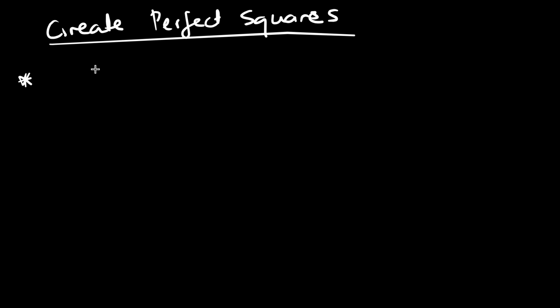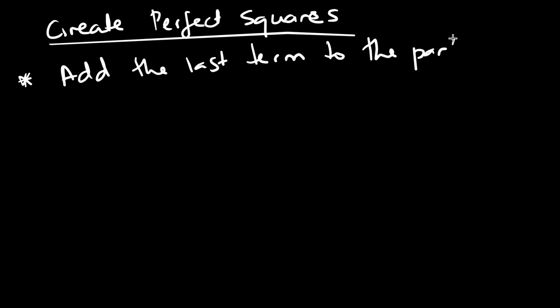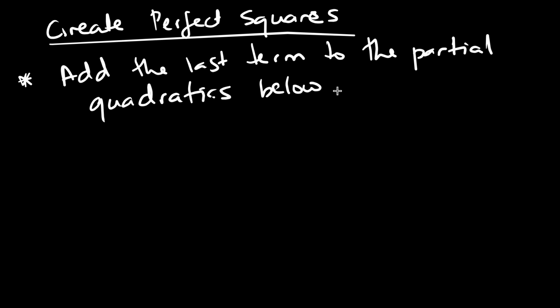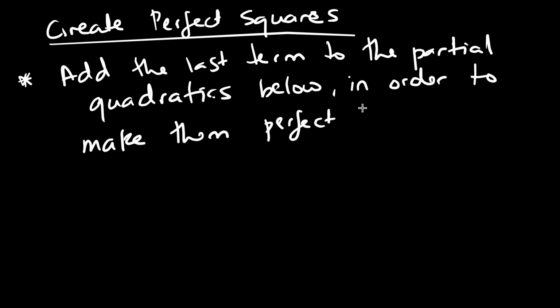So if I give you a couple of partial quadratics, I'd expect that you can finish it by adding the last term to the partial quadratics below in order to make them perfect squares. All right. So here's number one, which we'll do three of them.